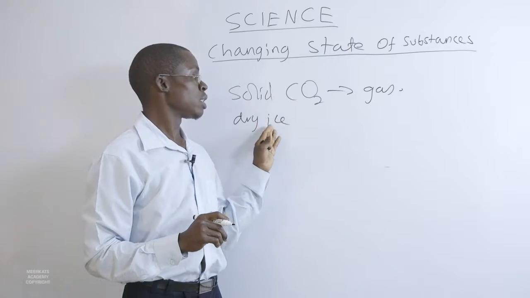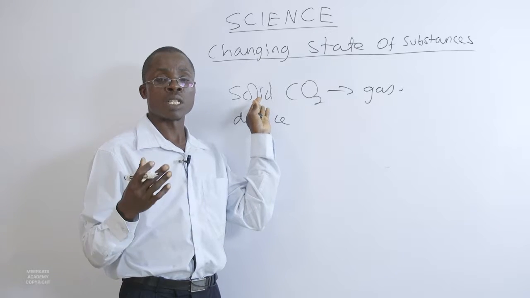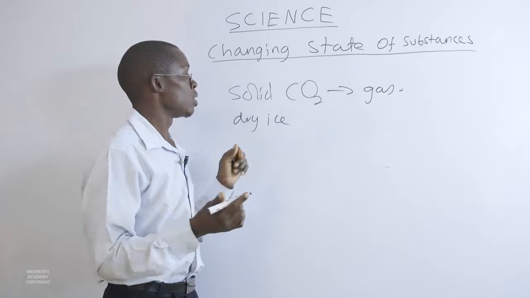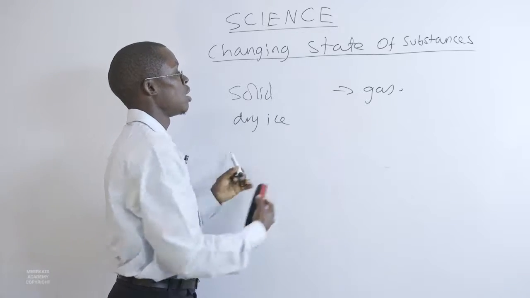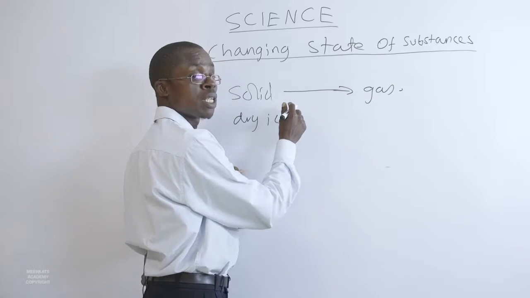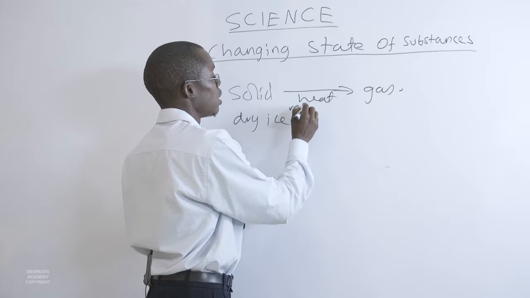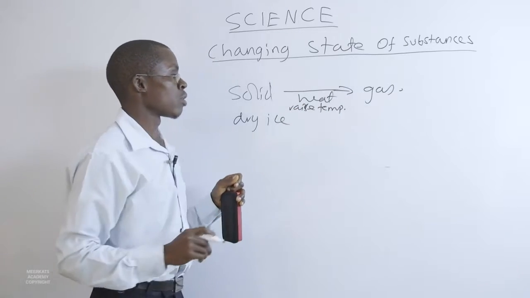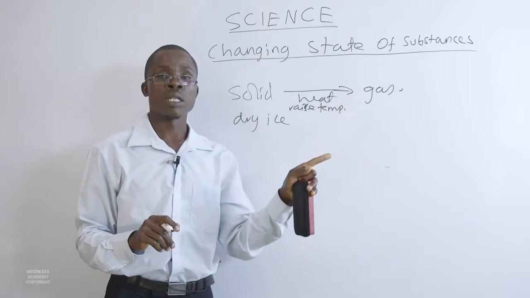We call it dry ice because when it is in solid state, it looks like the normal ice from water. They look alike. But when you heat this solid, or raise the temperature, it changes directly from solid to gas.